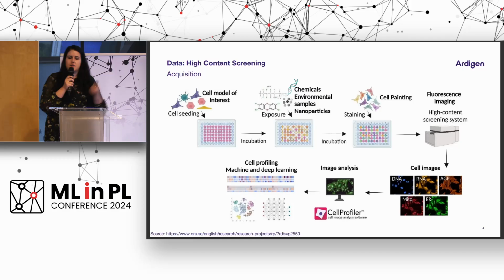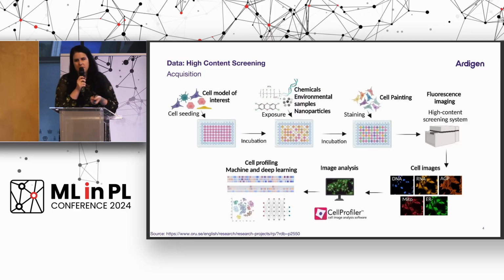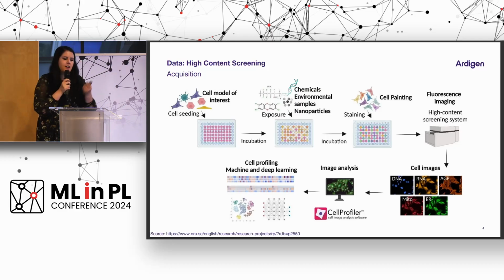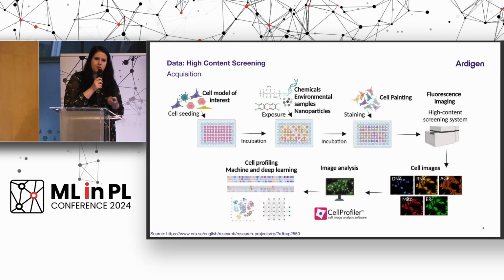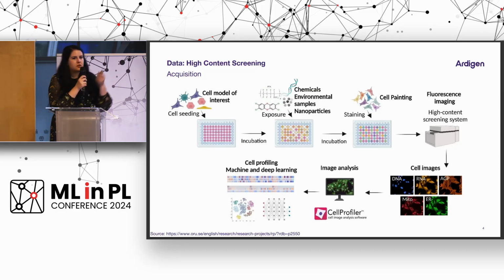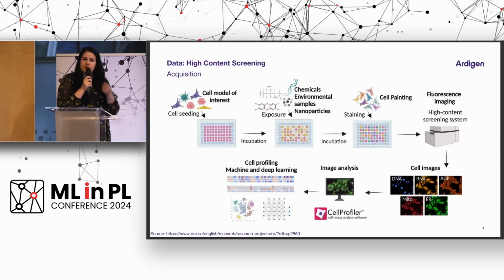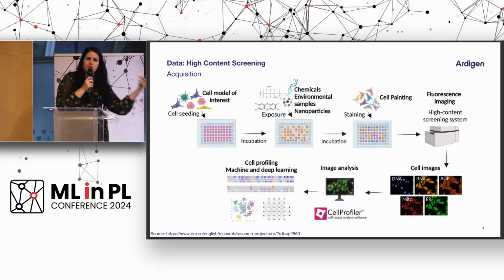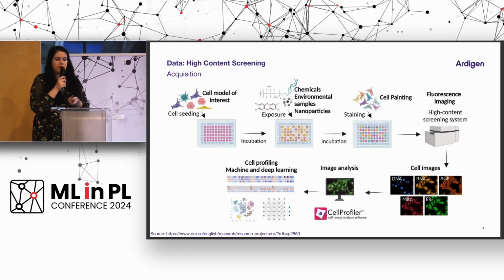And then comes the high content part. Everything is automated. There are automatic pipettes, automatic robotic arms that move everything. Some of that, of course, is done by humans still in smaller laboratories, but the main point is to do it automatically at very high speeds. And then we get those pretty pictures that are here that are showing the cells. There's a lot of them, and then we go into the step of the actual image analysis.